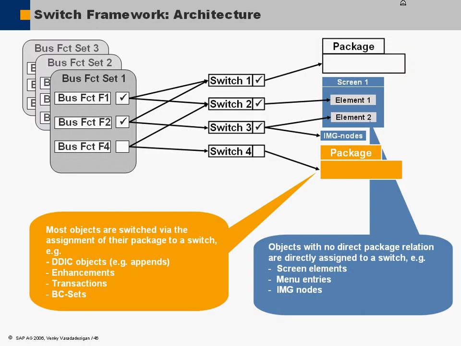Okay, here is the overall architecture of the switch. So far we have been talking about the switch framework. So how is it achieved? We have 3 new terms. One is called the switch, which is the lowermost transportable object. And we have something called business functions, which is a group of switches.